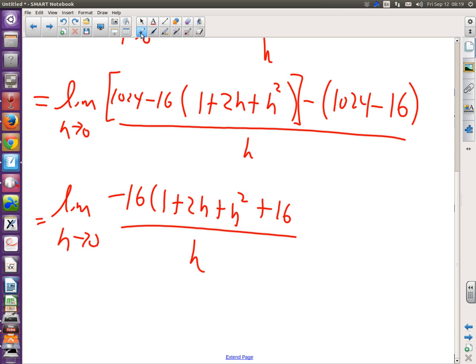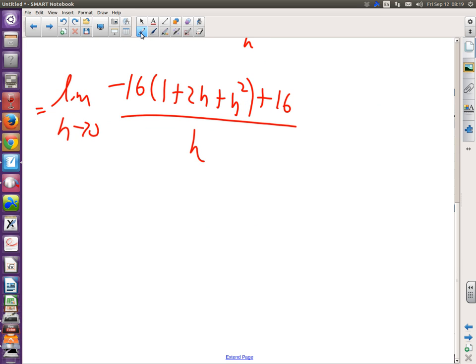So you still got to distribute. Distribute the negative 16, you get the limit as h goes to 0 of negative 16 minus 32h minus 16h squared plus 16.